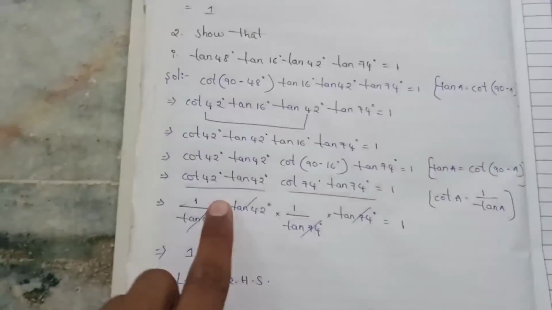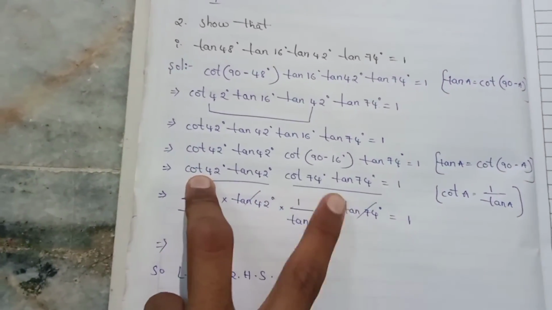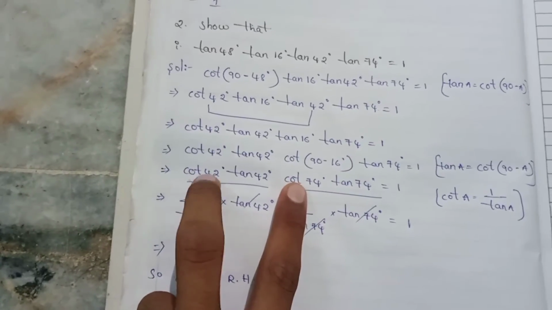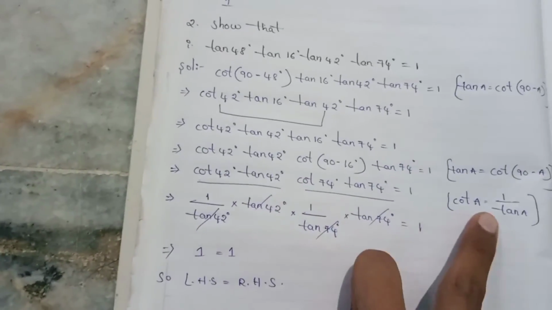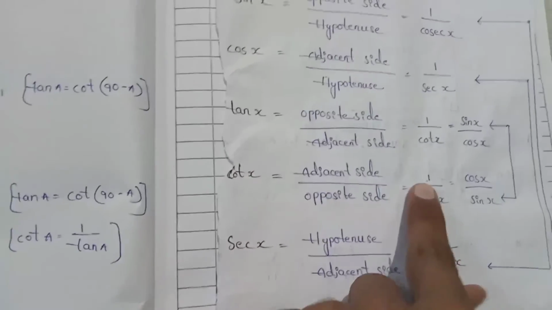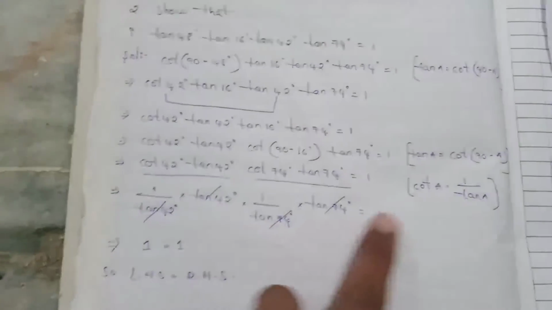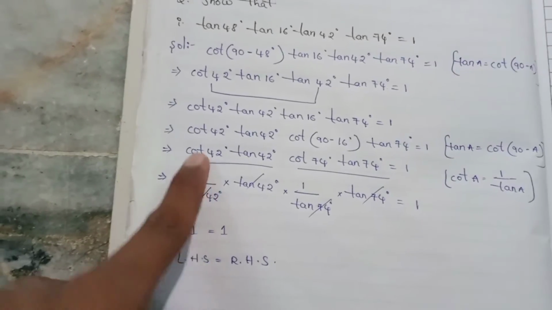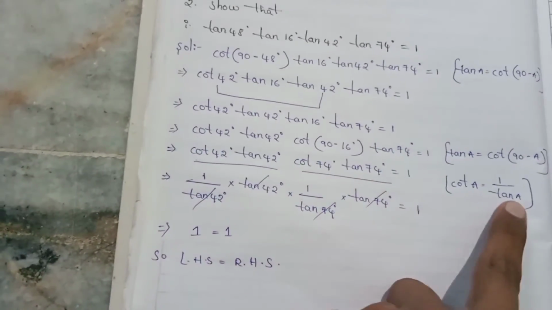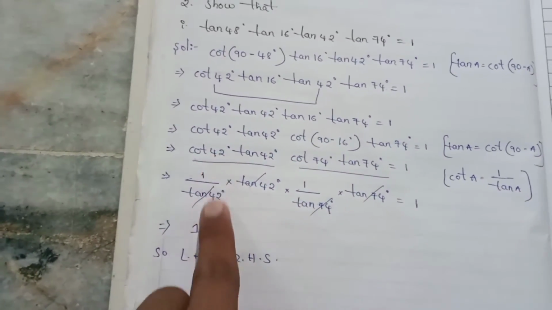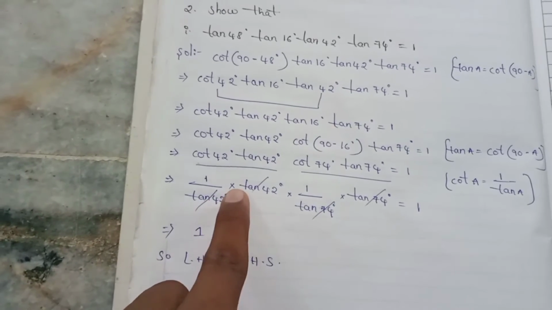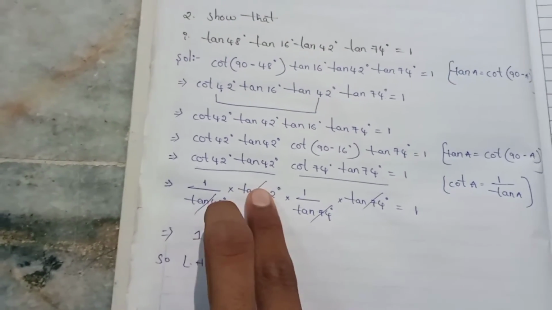So we have to use this type of formula. What formulas do we have to use here? Cot and cot, both are equal. Cot A is equal to 1 by tan A. See here, cot x is equal to 1 by tan x. Cot A is equal to 1 by tan A, in the place of A, 42. 1 by tan 42 times tan 42, see, both are equal here.